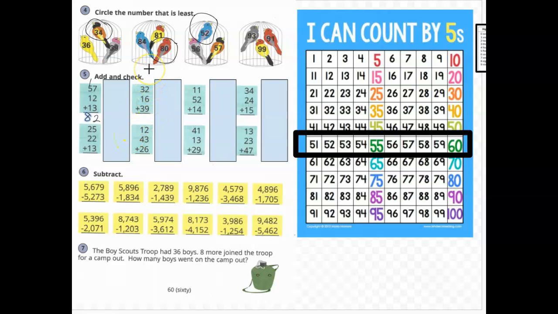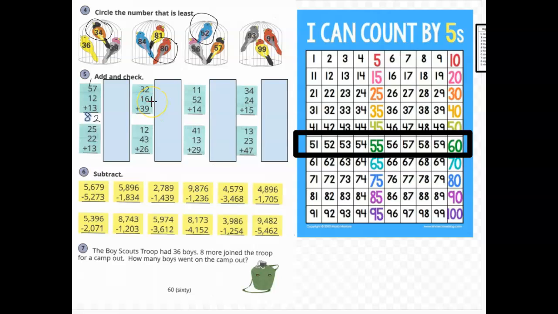Okay, let's do this one. Now when we're adding, it doesn't matter which order in the line, what number we start with. So we want to start with the biggest number. When we're subtracting, we can't change the orders, right? But when we're adding, we can. So in this line of ones, I have a 2, a 6, and a 9. The 9 is the biggest, so I'm going to start by adding the 9 and the 6.